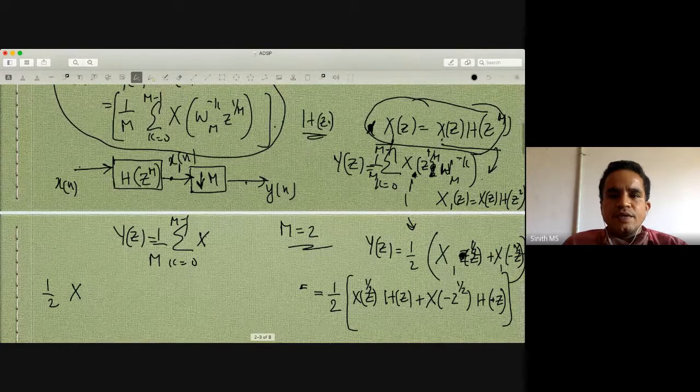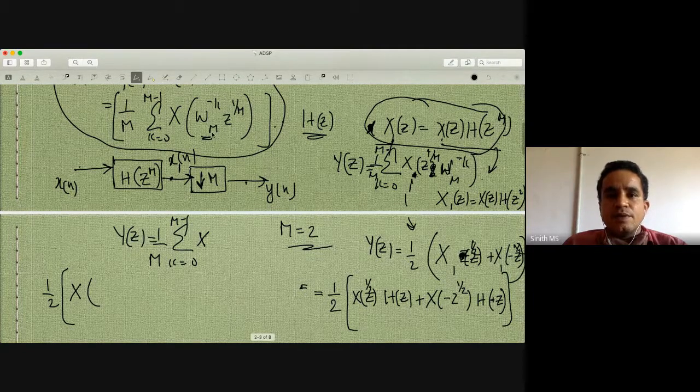This H(z) if you take inside, it becomes half of X. Inside here you have W_M raised to minus k, which is 0 for k equal to 0. W_M raised to k becomes 1 when k is 0. So you have X(z^(1/M)) into H(z), and this H(z) you take inside.